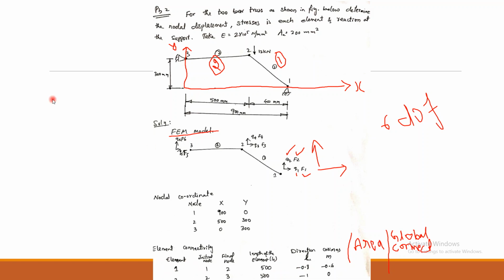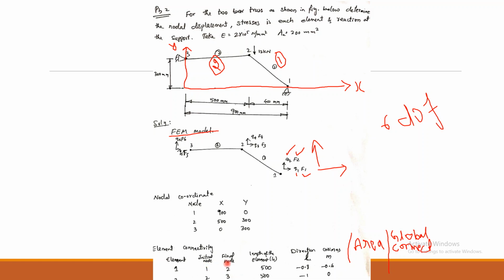So let us see how to fill this. For the element table, how many elements are there, I have to represent in the first column. We have two elements, element 1 and 2, that's why I write 1 and 2. Then the initial node and final node: which nodes are related to element 1? You can take 1 to 2 or 2 to 1, both are correct, so let's go for 1 to 2 only.